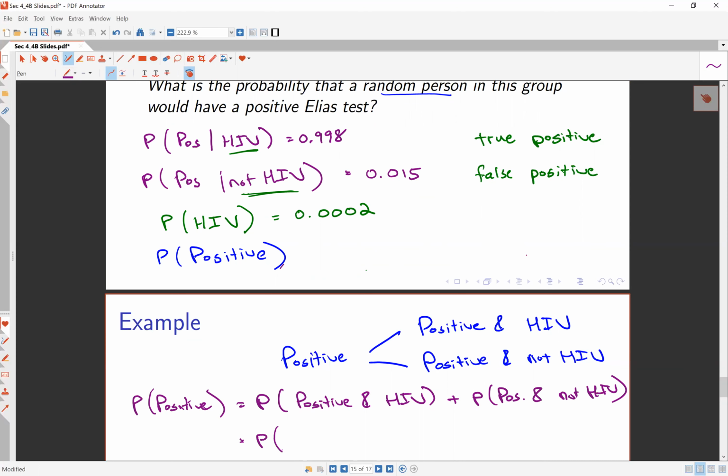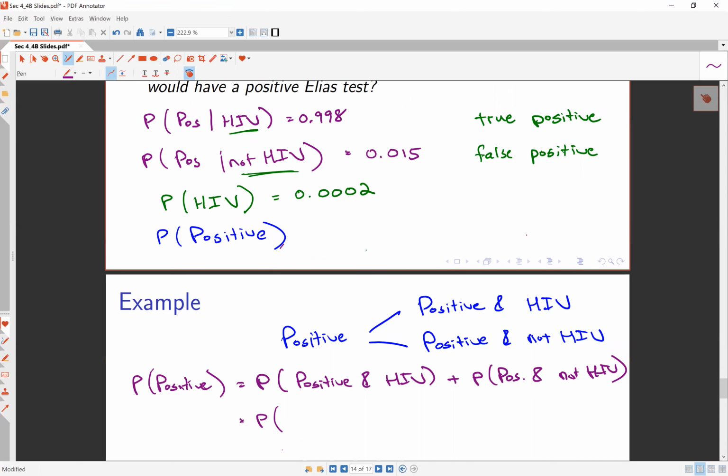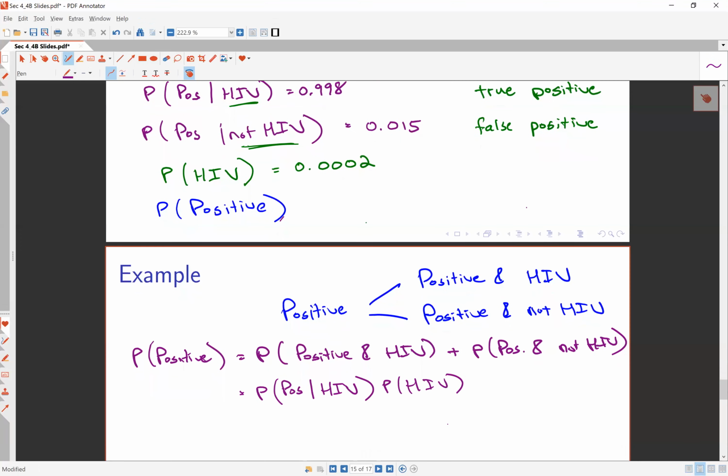So for positive and HIV positive, we calculate the probability of being positive given that you're HIV positive, multiplied by the probability of being HIV positive, and add to that the probability of a positive test result given that you're not HIV positive, multiplied by the probability of not being HIV positive. Now we can just plug in some numbers here.